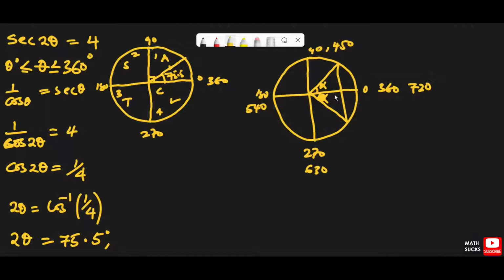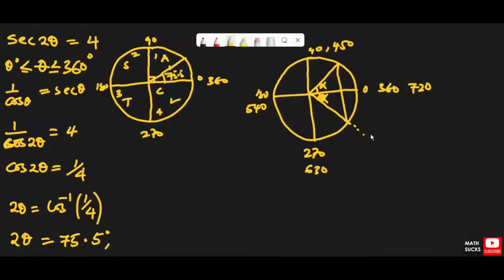So the first angle, we have it in the first quadrant. When we move further, the second angle of our interest is going to be 270 plus some angle we don't know, but in other words, it's going to be 360 minus this angle.